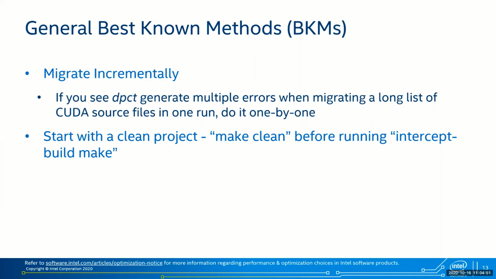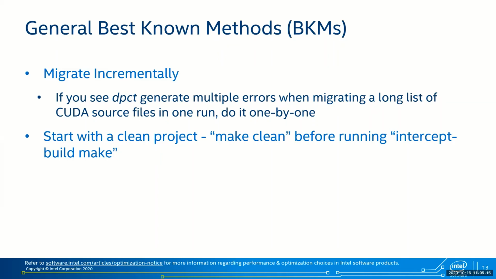Then you can migrate all your remaining files, and for the one file which is creating a problem, you can look at the API which is causing the issue, comment it out in the CUDA source file, and try to migrate that individual file itself. This has worked as well.